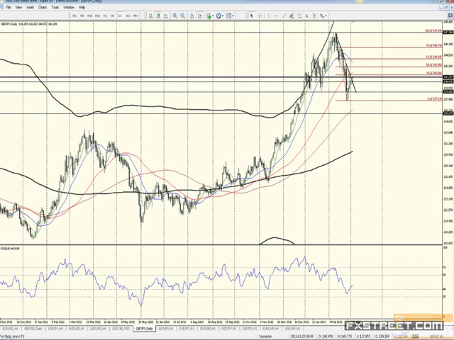So this is a very strong trend and a rally so far. Now, back to that question about how do I consider something a reversal? How do I consider something a pullback?